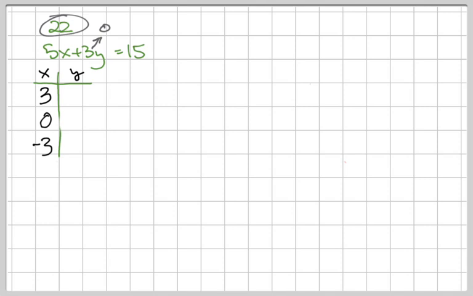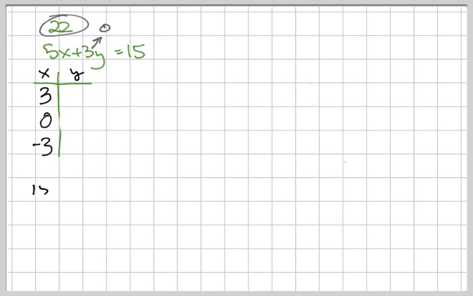So sometimes you may have to do your own t-table, and then you have to plug in values that you give yourself, and then you find the missing one. This particular problem, I would just use x and y intercept, because those are all multiples of each other, which makes it easy to do. But let's do one more here with those numbers that I have.